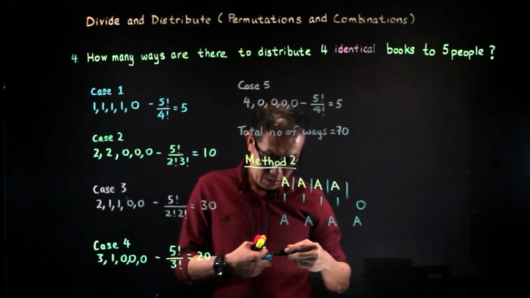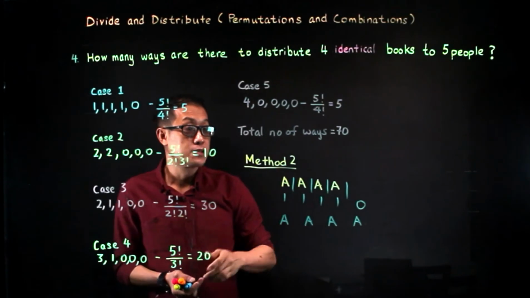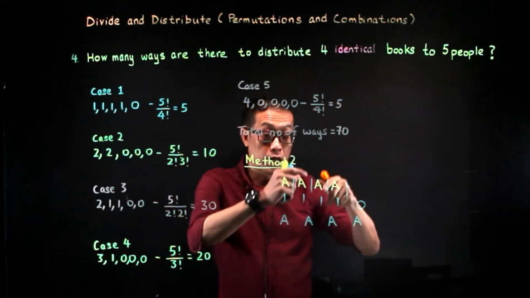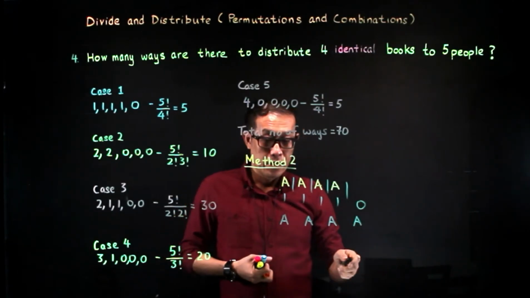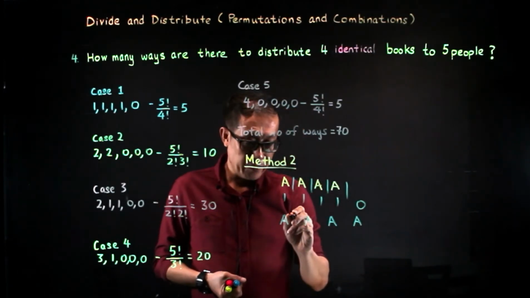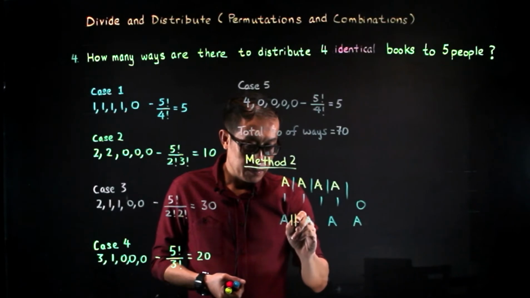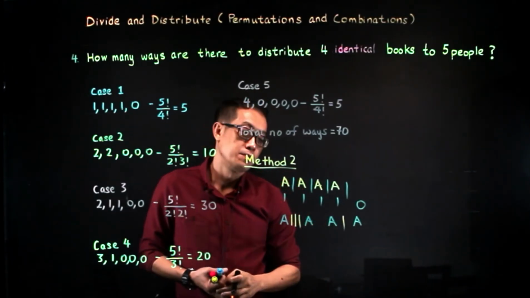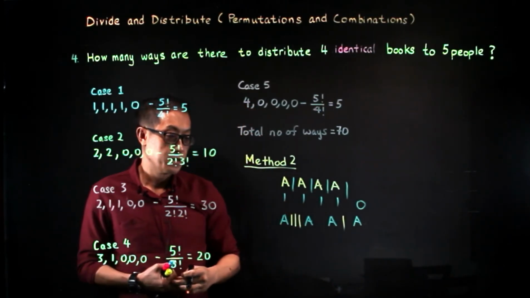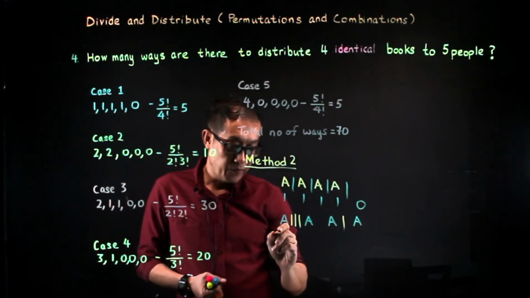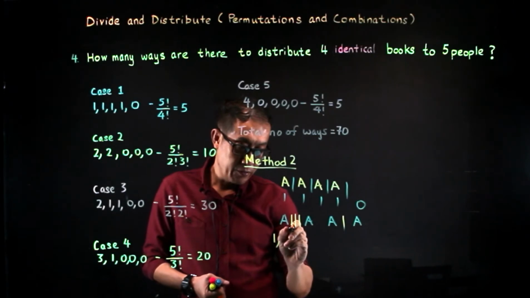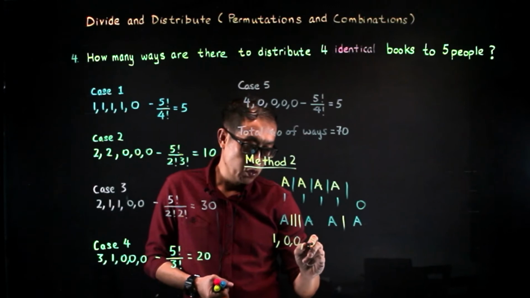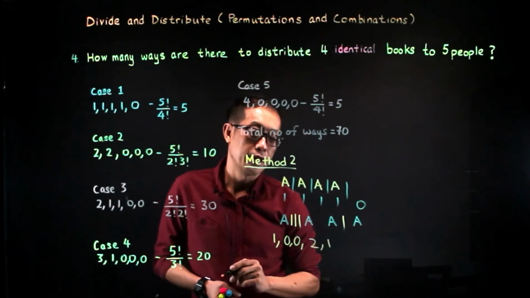Now I include 5 people, so I must put 4 sticks to have it in groups of 5. So let's say now I put the stick in this way. That means the first one will have 1, second one will have 0, third one will have 0, fourth one has 2, and the last one has 1.